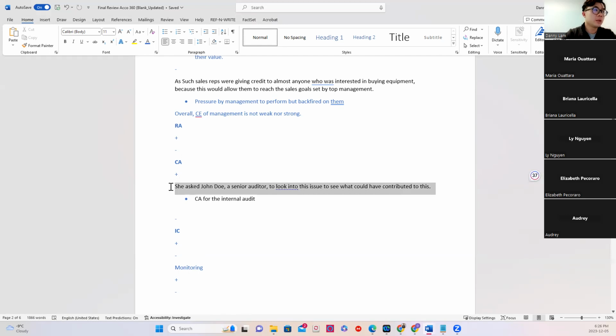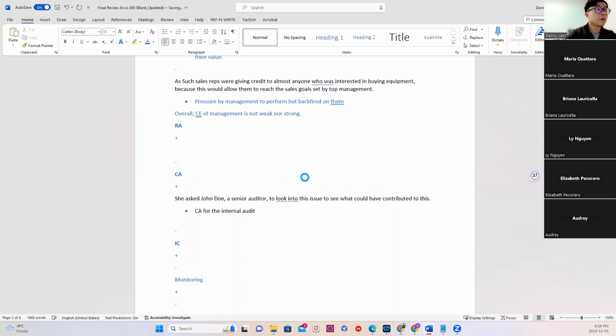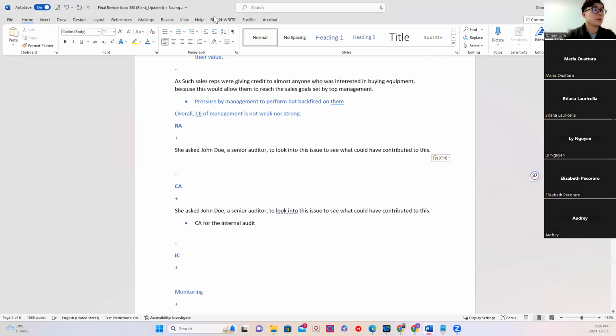Like in the exam, don't do this. Don't just take the sentence. Just paraphrase in your own words what this would be. So let's say positive.